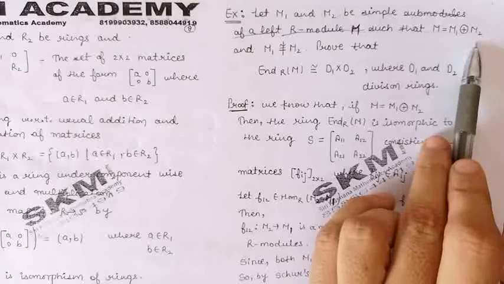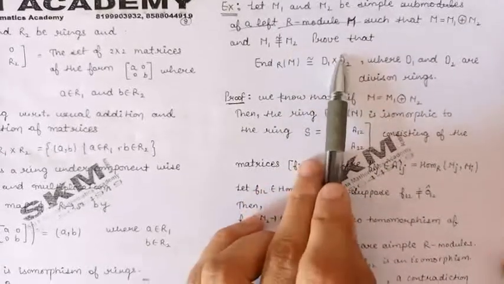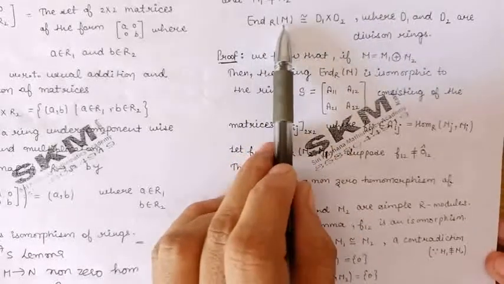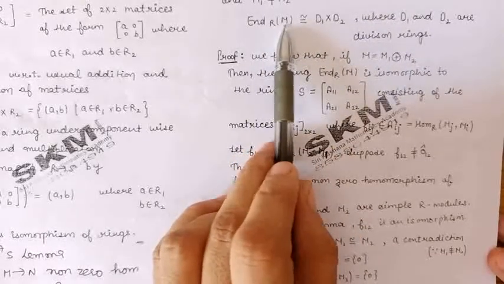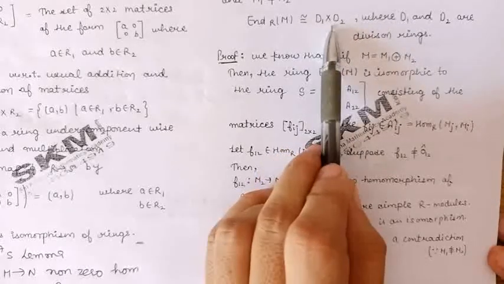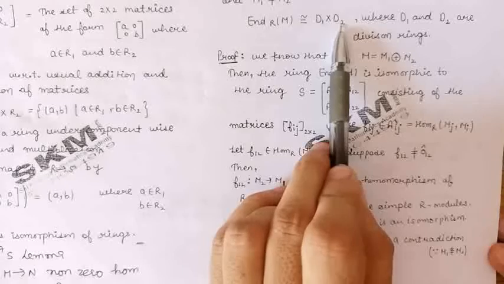These M1 and M2 are not isomorphic. Then we are to prove that the ring of endomorphisms of module M over the ring R is isomorphic to the direct product of division rings D1 and D2.